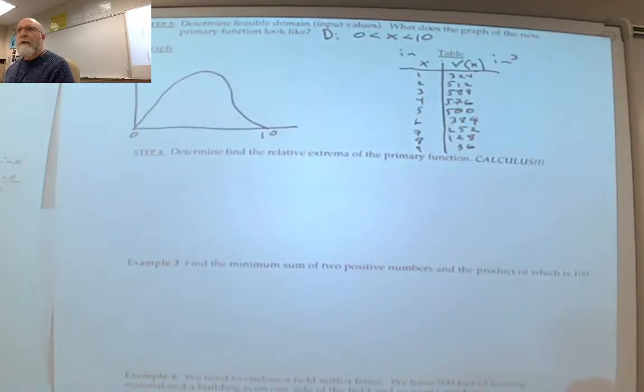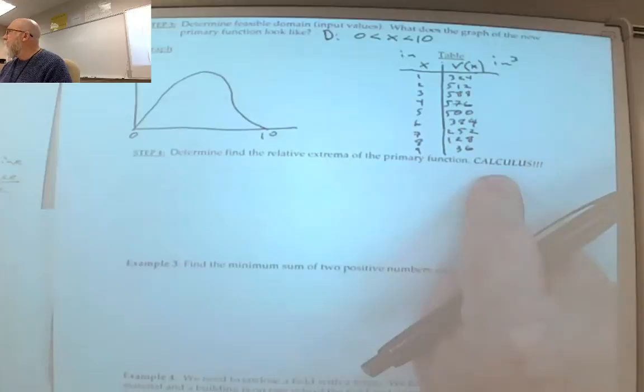This is a calculus class, correct? It's not an algebra class. This would be okay in algebra. If I'm a 7th, 8th, 9th, 10th grader learning algebra, they probably would accept that because it's a pretty good estimate, but we have to do calculus. In other words, right here it says do calculus.